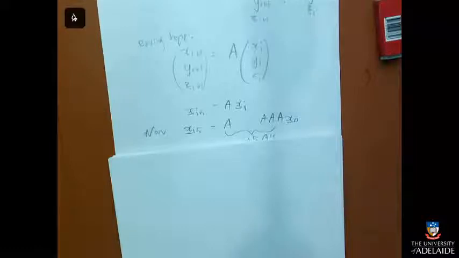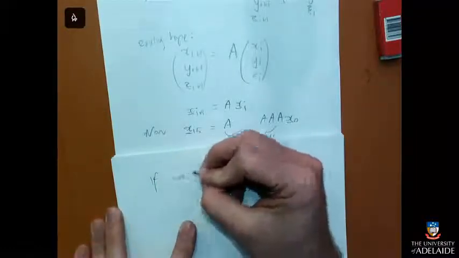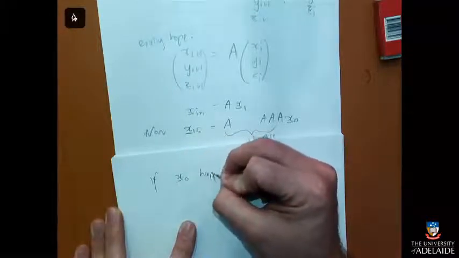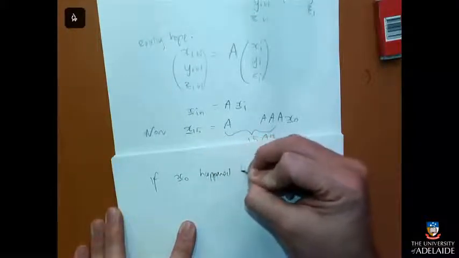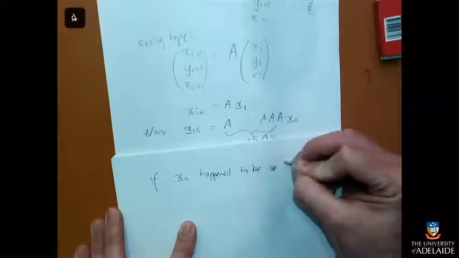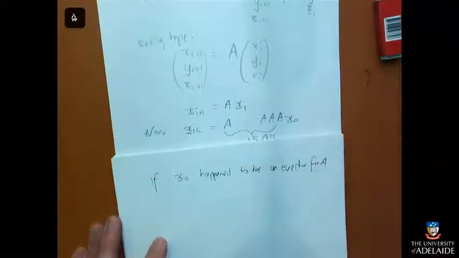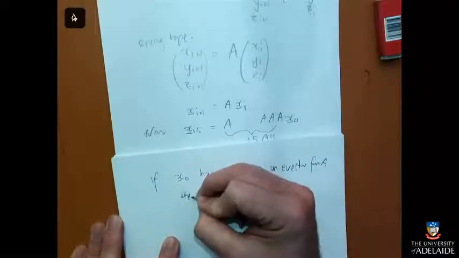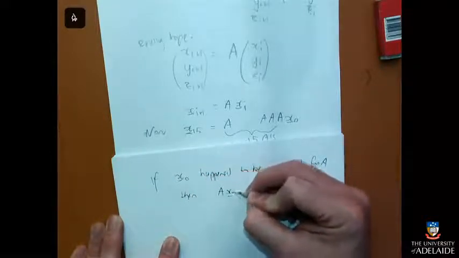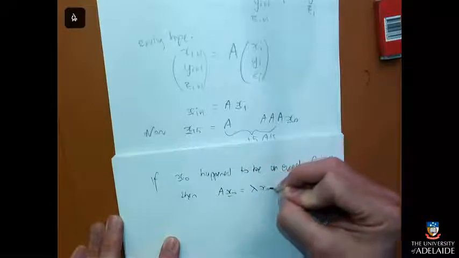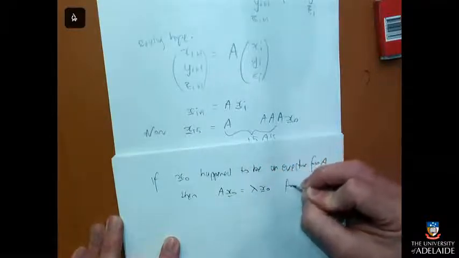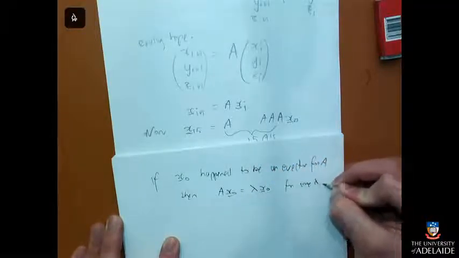Good. Okay, so here's the thing. If x naught happened to be an eigenvector for A, then A x naught would be lambda x naught for some lambda.